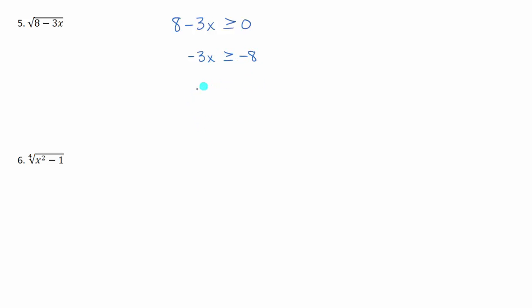I'm going to divide both sides by negative 3. Remember, that's going to flip your inequality and make it 8/3. So x must be less than or equal to 8/3. If I would graph this, then I'm looking at something like this. Or in other words, in interval notation, from negative infinity to 8/3 inclusive is my domain.